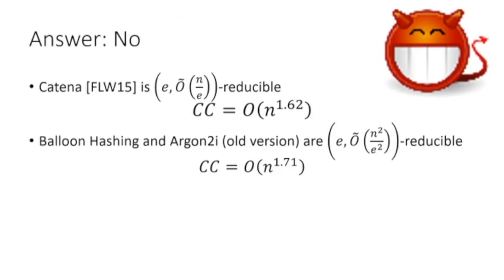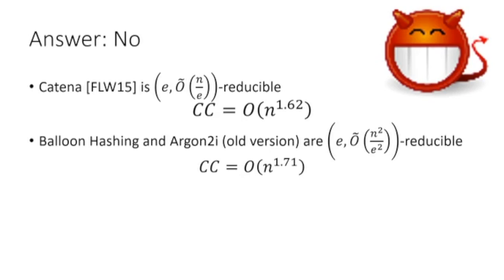So Balloon Hashing and an older version of Argon2i are (e, n squared over e squared)-reducible. Okay, so now that might look a little bit confusing, but if we plug in, let's say, e is n to the 3/4, then that means that e is n to the 3/4 and d is n to the 3/4.